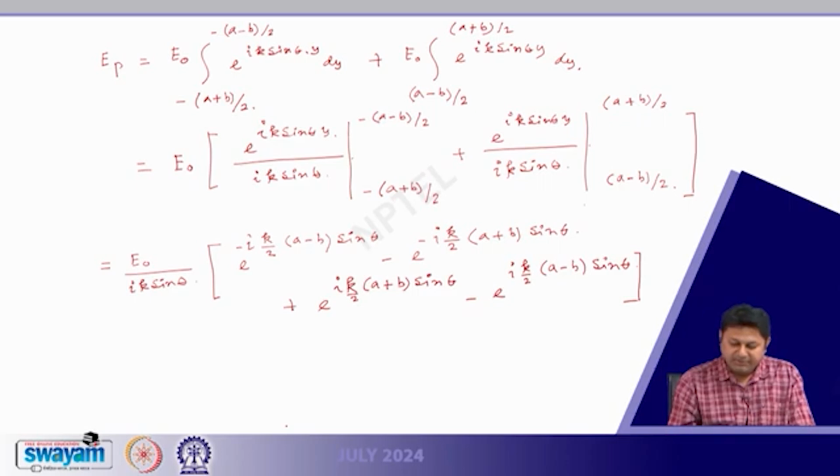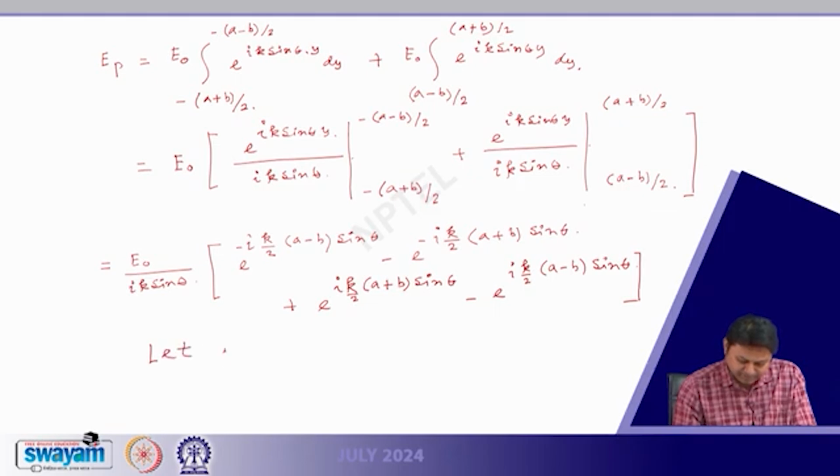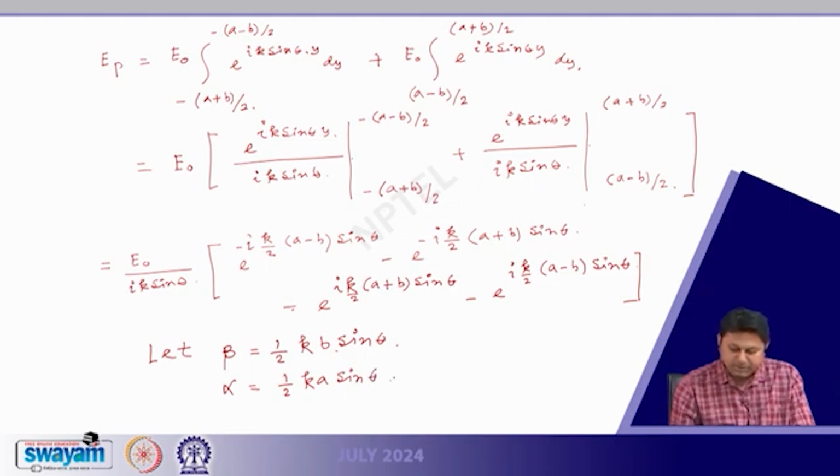Okay, now I simplify because there are many terms, a plus b, a minus b, sin theta, k by 2, these terms are present several times. So, I put few names. So, let beta be half of k b sin theta, and alpha is half of k a sin theta.